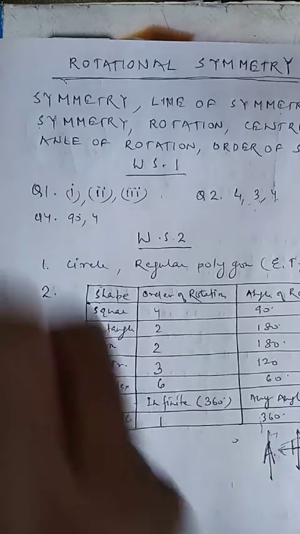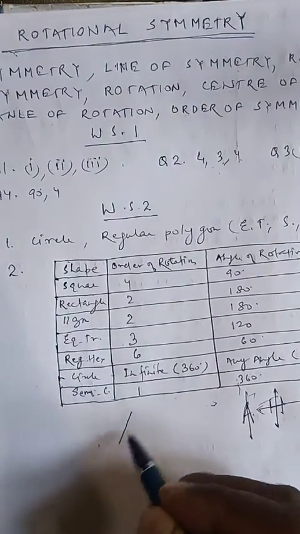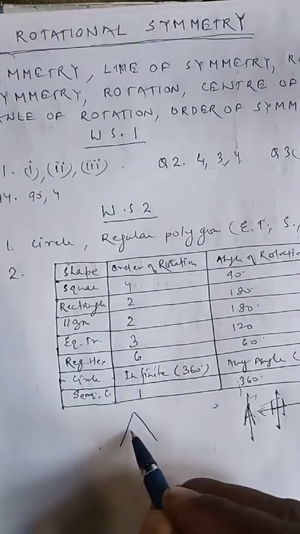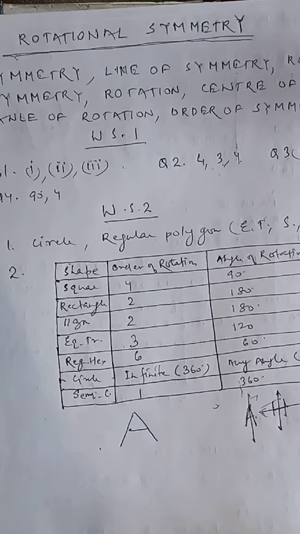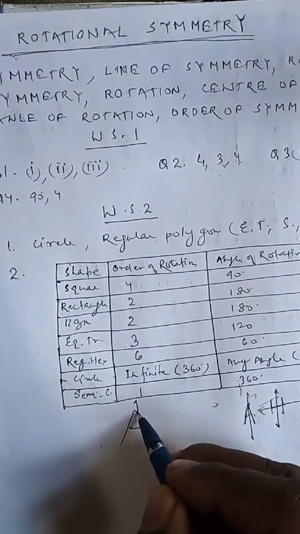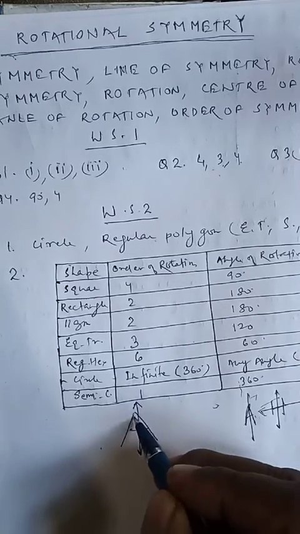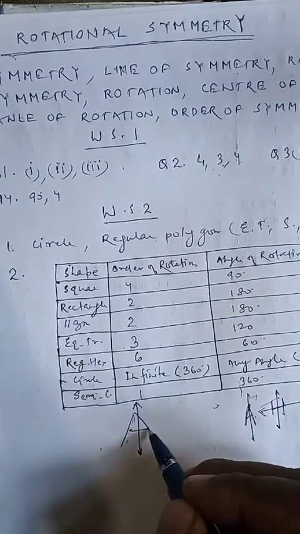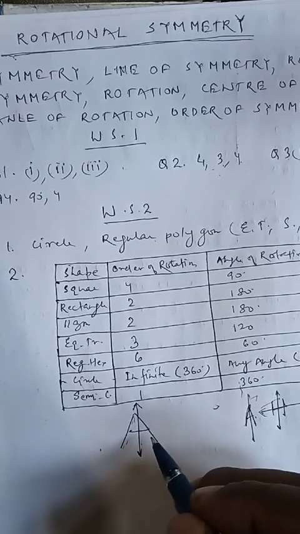So, we have a few letters also over here. For example, the alphabet A can have symmetry. If we draw a line with this vertex in this way, then when this portion is placed over this portion, they will cover each other completely.